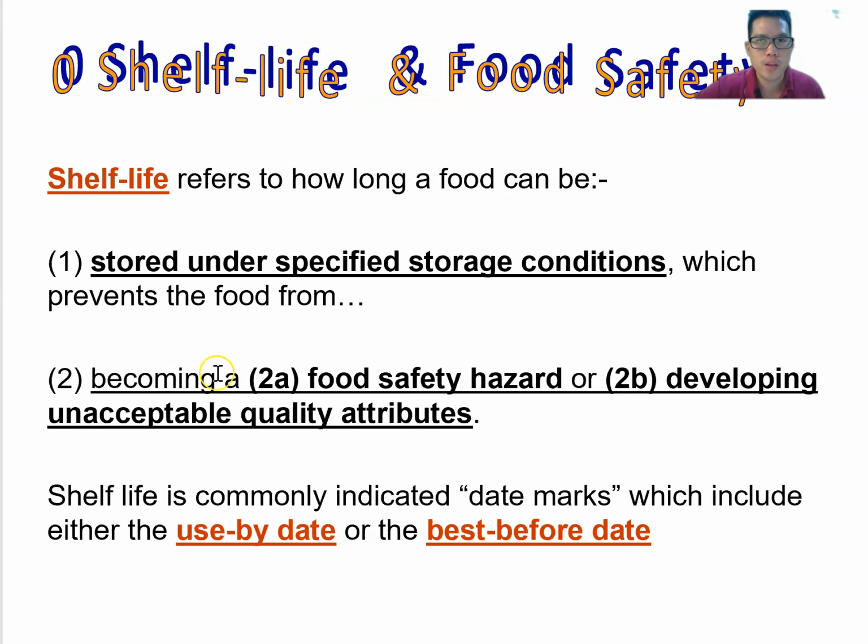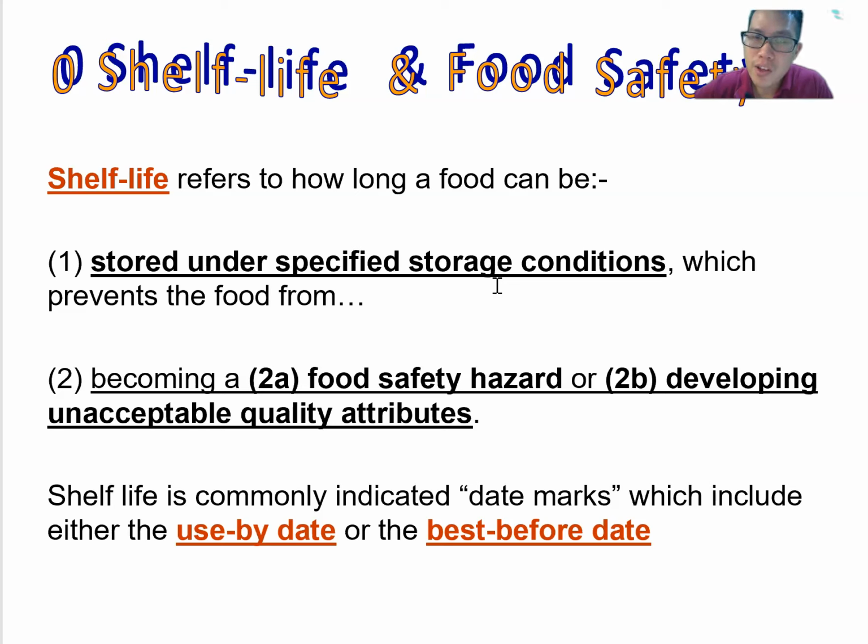So shelf life means storing under specific storage conditions which prevent the food from going bad. Later we'll talk more about the use by and best before date. What do you mean by store under specific condition? Every time you receive a food ingredient, you need to store it at a certain condition.